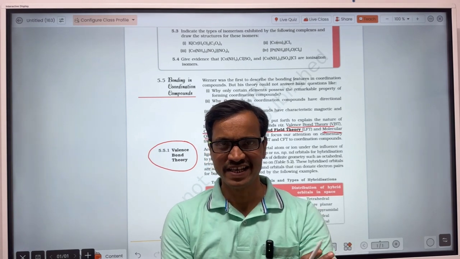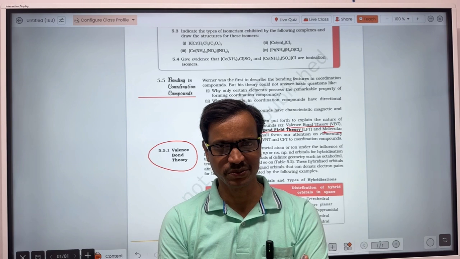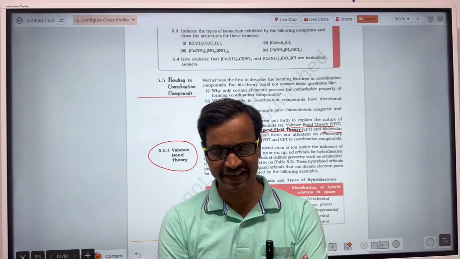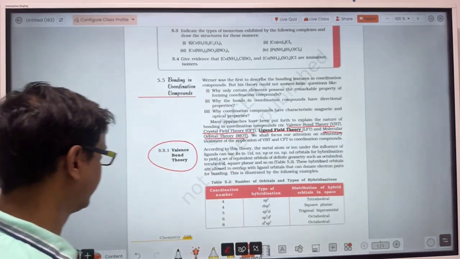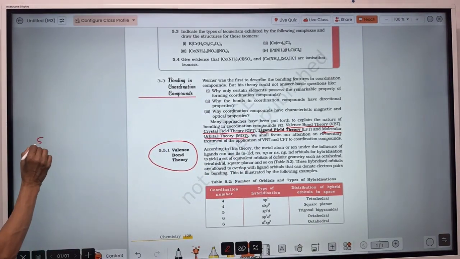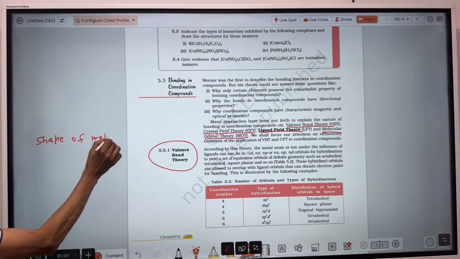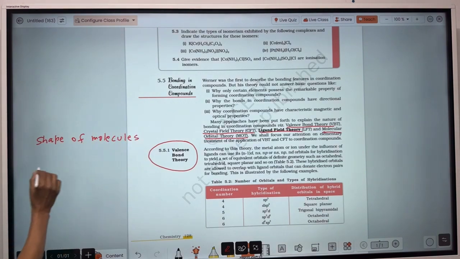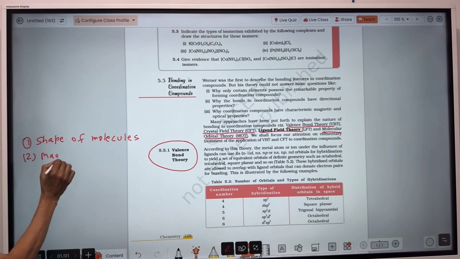That means the valence bond theory explains the shape of molecules, and the second one is the magnetic behavior of molecules.